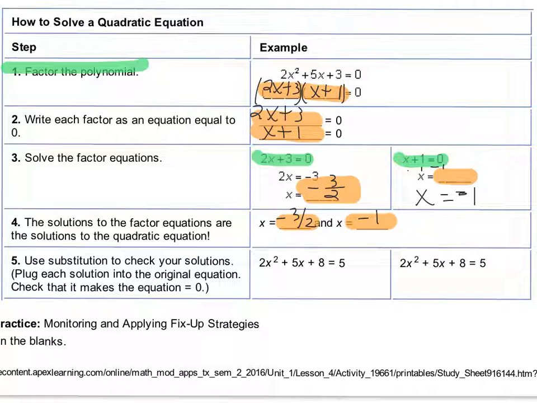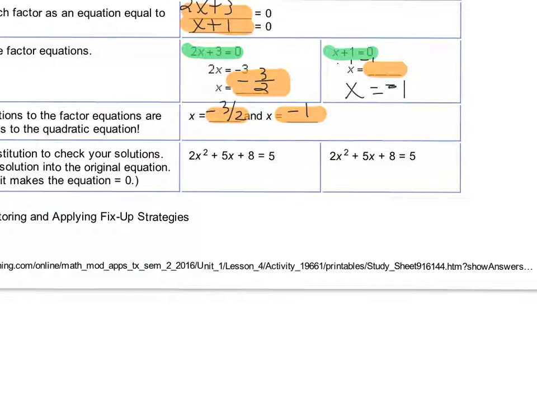Okay, step 5 says use substitution to check your solutions. Plug each solution into the original equation. Check that it makes the equation equal 0. So the first one I'll plug in is x equals negative 1. Everywhere you see an x, plug in a negative 1.